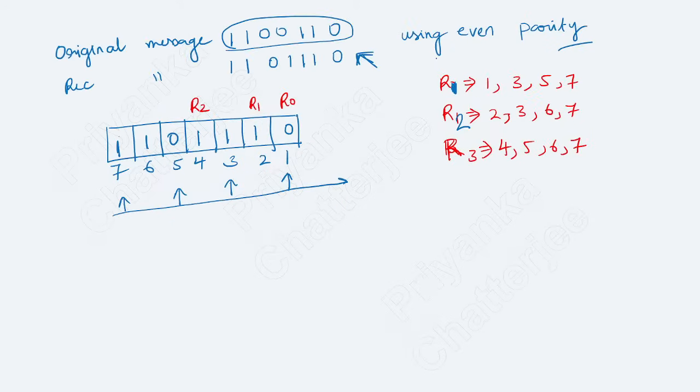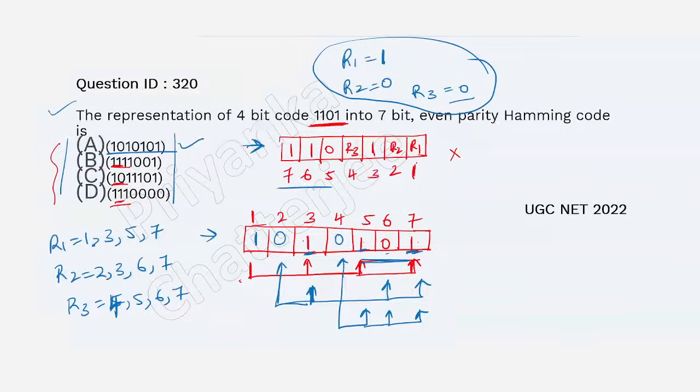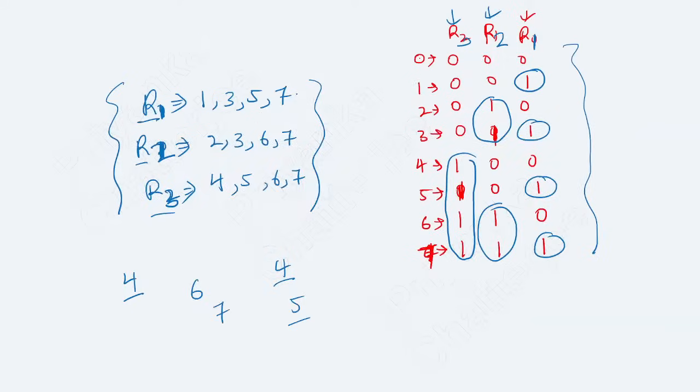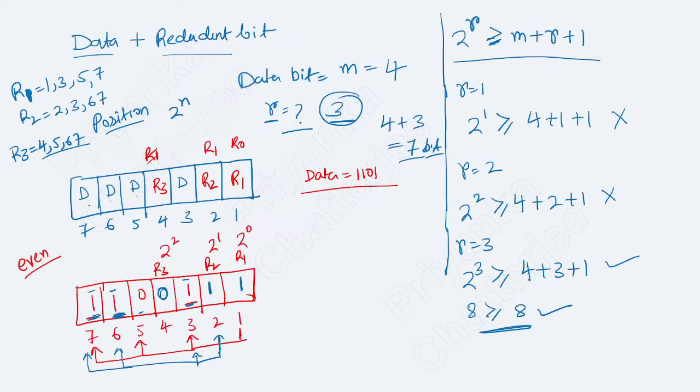And here also we took the same example, right? Whatever example was given to you, 1 1 0 1, I took that example only. And here also you saw that R1 bit was coming 1 and R2 bit was coming 1. How? Did I make any mistake here? 2 3 6 7.